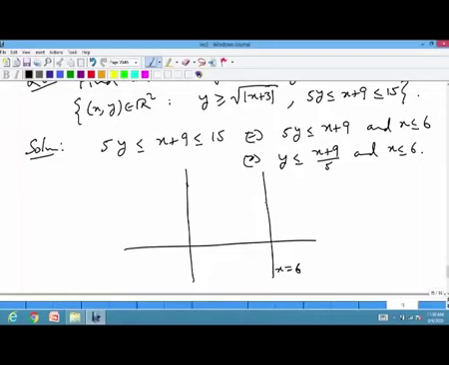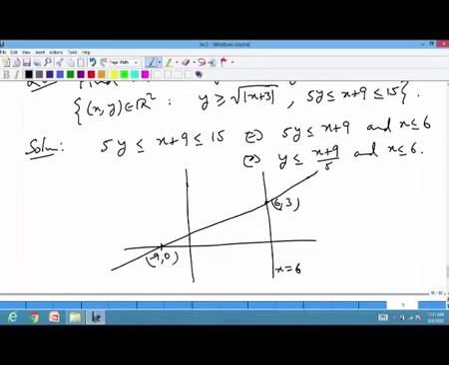So, this is the point 6 comma 3, and when x is 0 it is 9 by 5, and y becomes 0 when x is equal to minus 9. So, this is minus 9 comma 0.